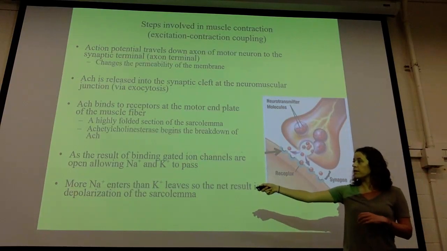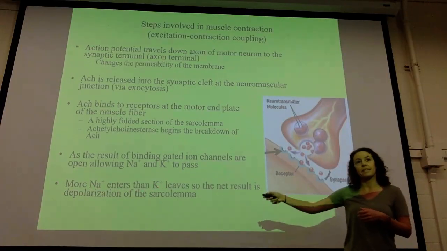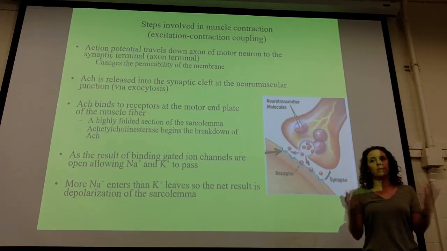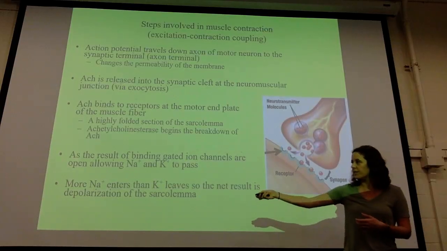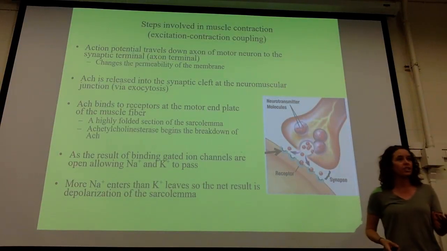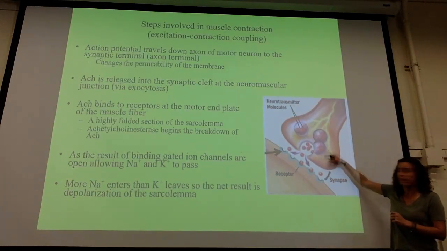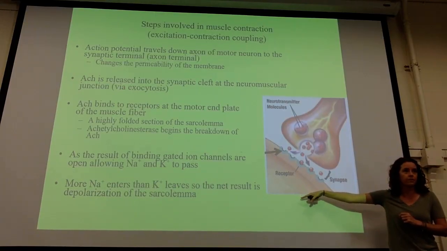So we have a ton of sodium coming into the cell, and we do have some potassium leaving. But so much of that positively charged sodium is coming in, it makes the inside of the muscle cell much more positive. That is called depolarization. That depolarization is what is going to allow the action potential to physically enter the muscle cell. So that's why that's important.